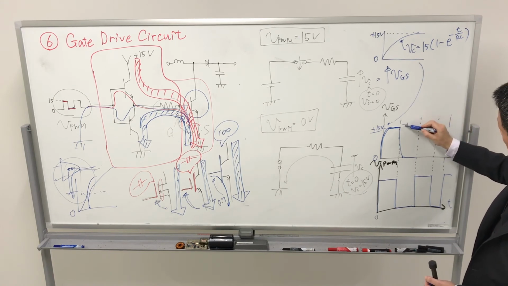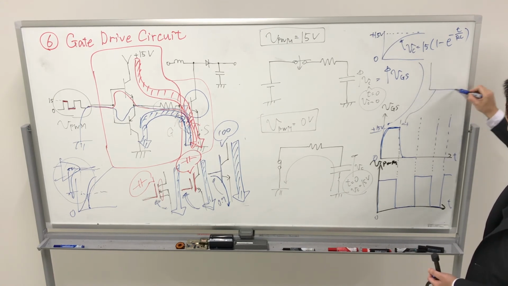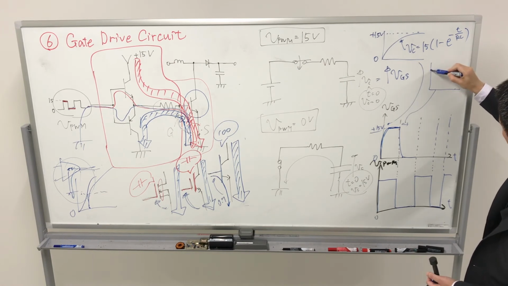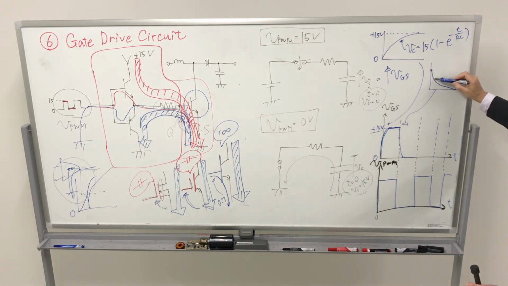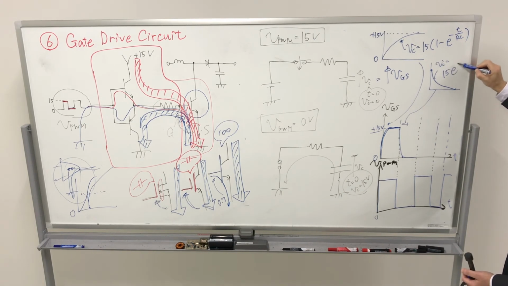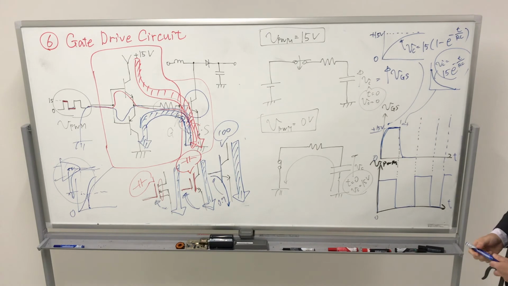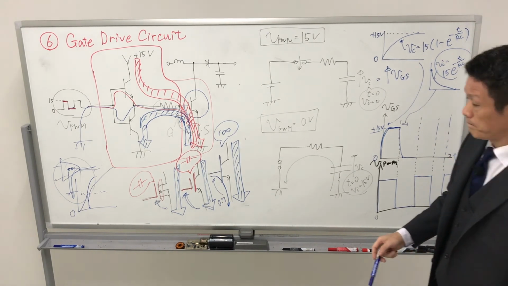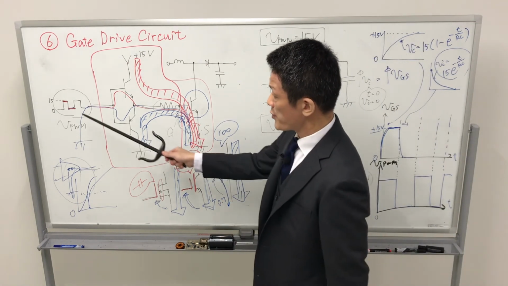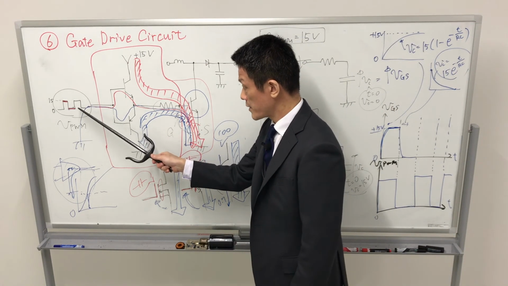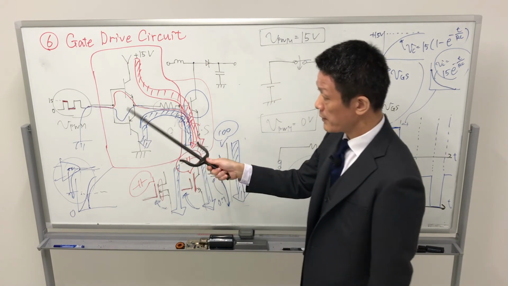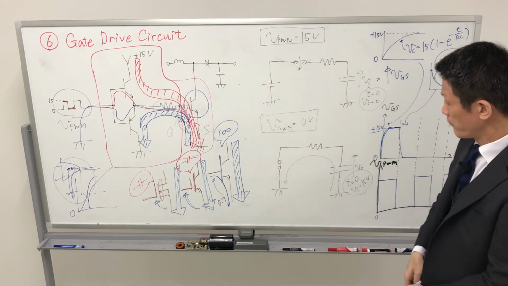Focus on this term, 15 volt, 0, like this. So VC equals here. So the VPWM changes to 15 volt and 0 volt, 15 volt, 0 volt in this voltage cycle.